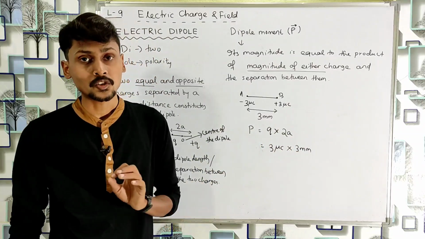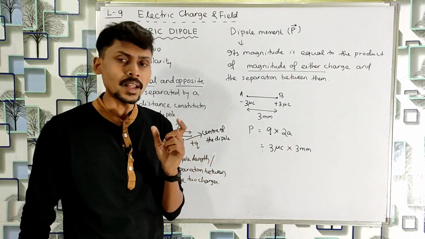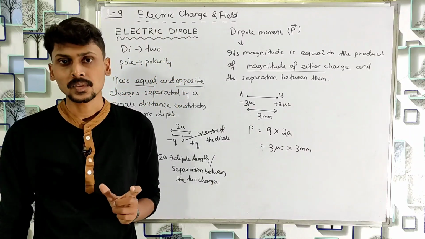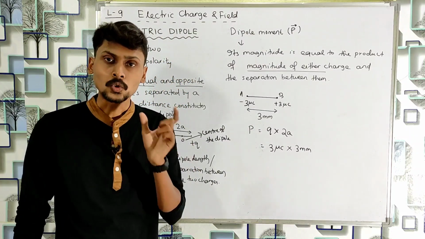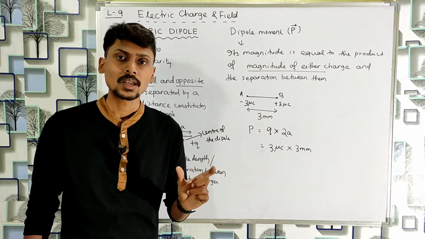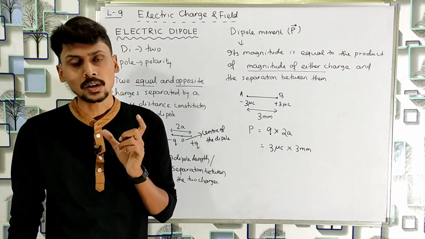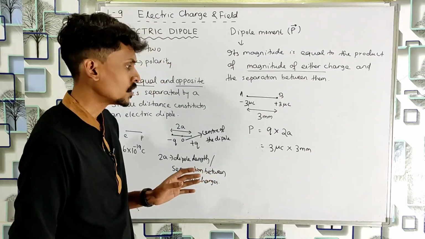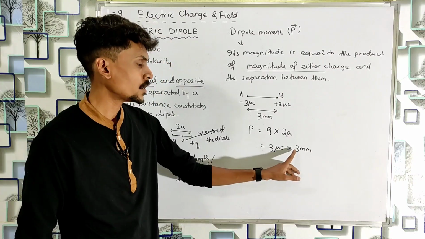But this is wrong. The dipole length, or the separation between the two charges, is itself 2a. It is not a. So 2a is 3 millimeter. If the dipole length is 3 millimeter, it means 2a is 3 millimeter, so there is no need to multiply another 2 here.